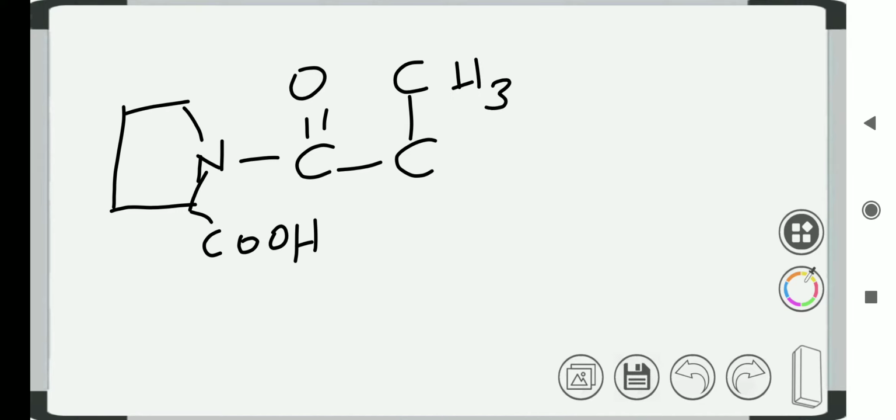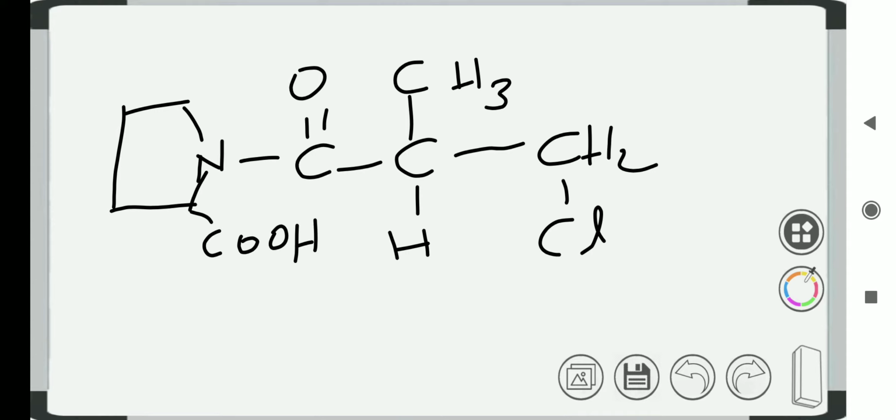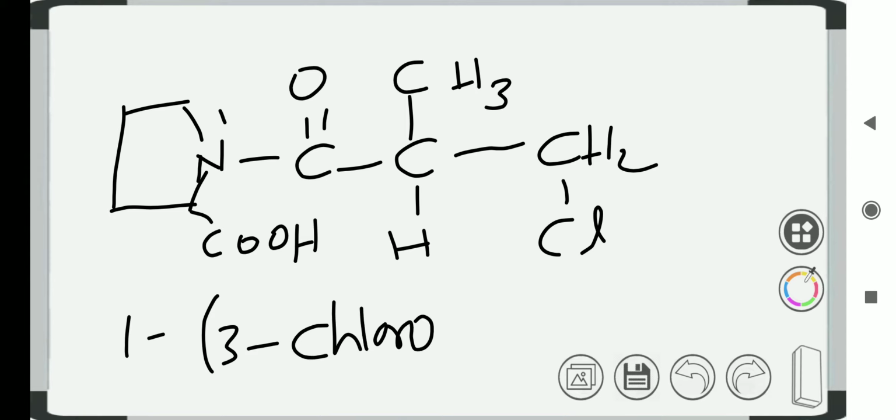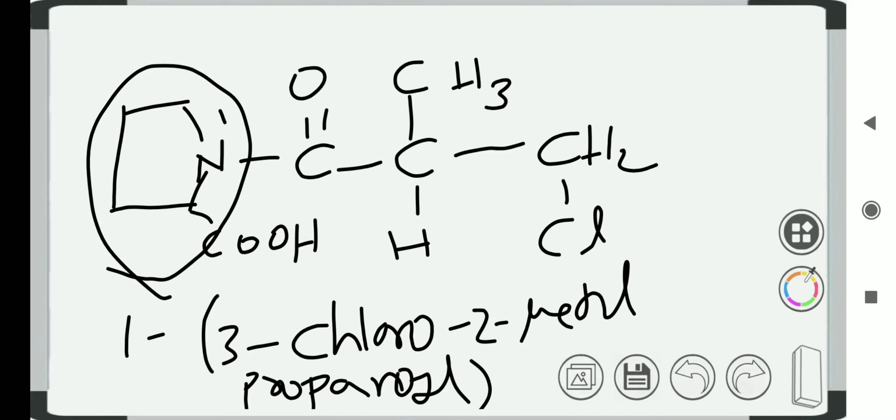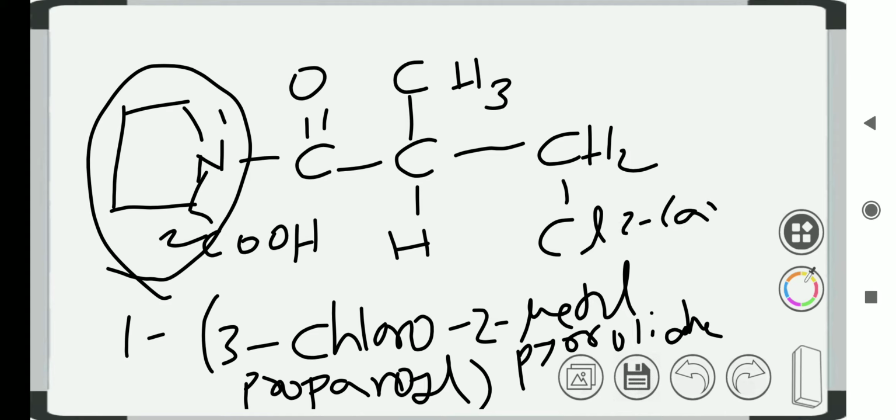So this carbonyl carbon is going to attach to the nitrogen atom, that gives 1-(3-chloro-2-methyl propionyl) pyrrolidine-2-carboxylic acid. So these are about the intermediate.